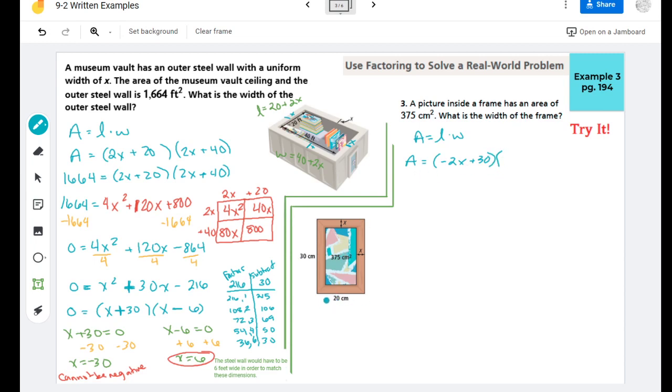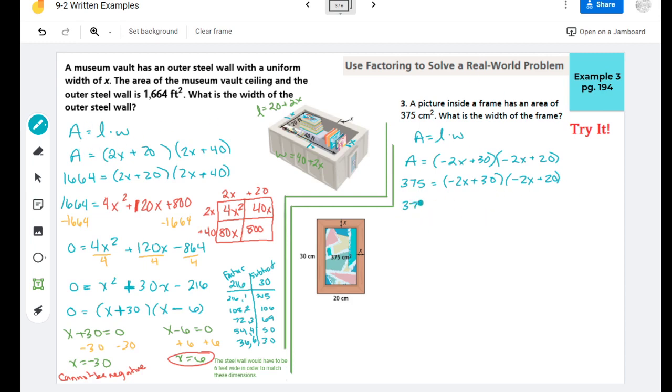And then my width is 20 minus 2x. So I'm going to call it negative 2x plus 20. All right, now those two things equals this area, that 375. So I'm actually going to plug in the 375.